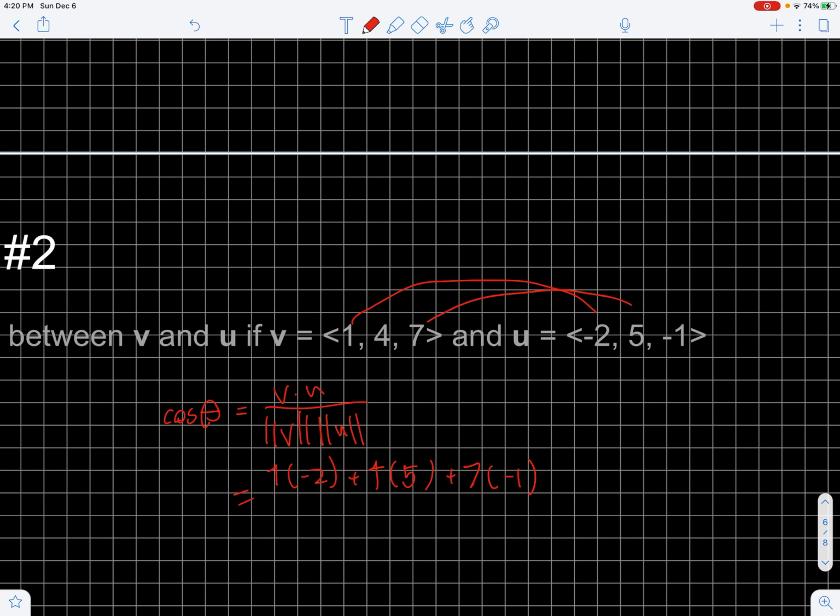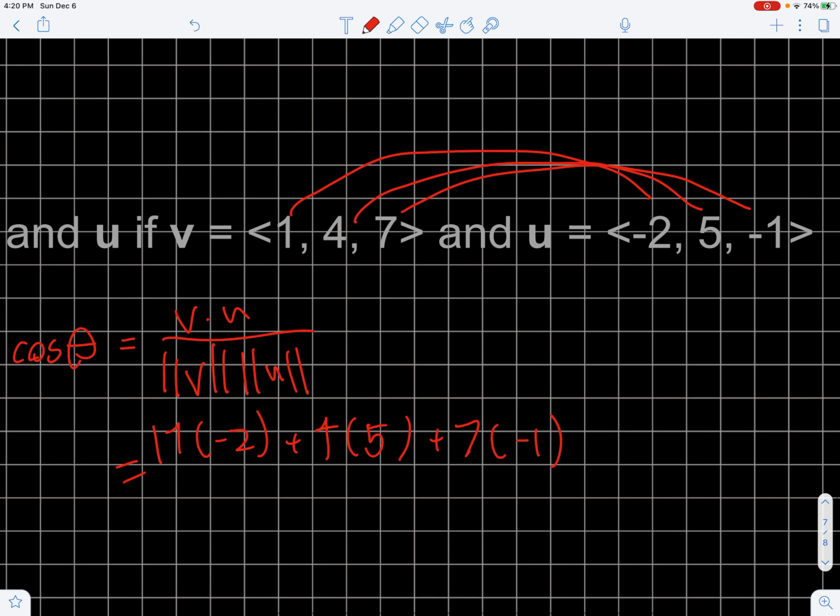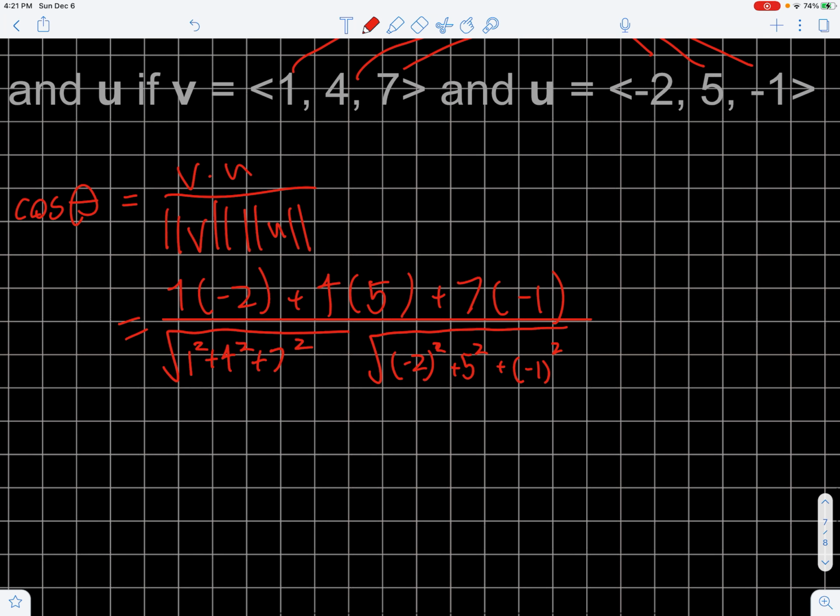Plus 7 times -1. That's just multiplying these two. All right, times square root of 1 squared plus 4 squared plus 7 squared times the square root of -2 squared plus 5 squared plus -1 squared.